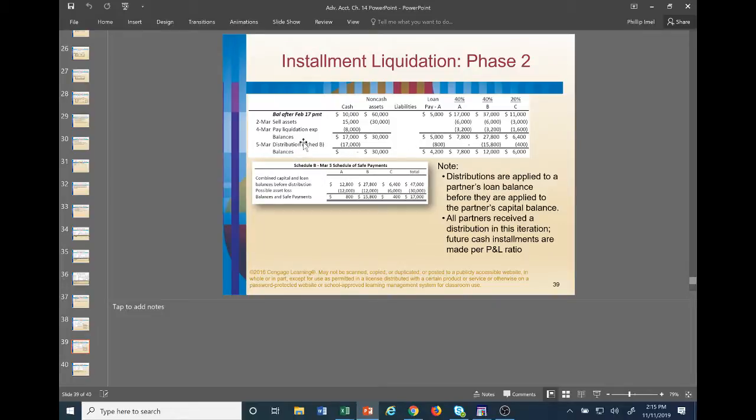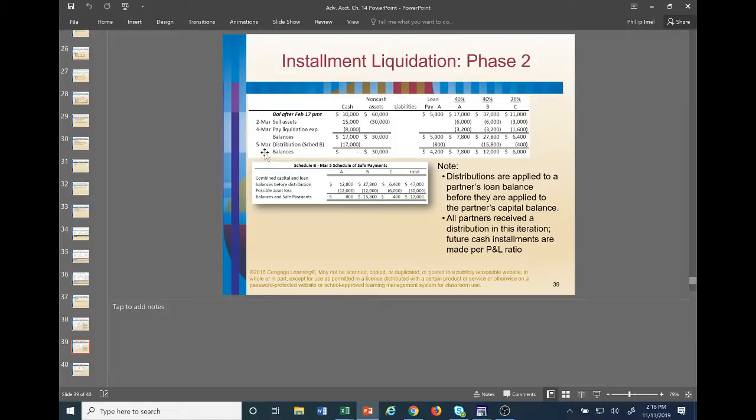So we can see once we sold some assets and paid the liquidation expenses, we are left over with $17,000 in cash. We still have $30,000 of non-cash assets on the books. We still have a loan payable to A of $5,000, and then the relative capital account balances are as follows: $7,800 for A, $27,800 for B, and $6,400 for C.